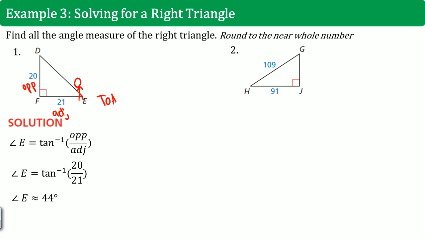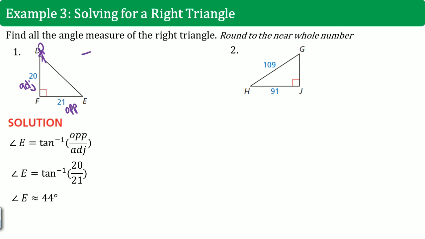Now, I'm going to switch it up. Now, I'm going to look at it from the point of view of angle D because I want angle D. So I put the person here. I see that now 21 is my opposite and 20 is my adjacent.